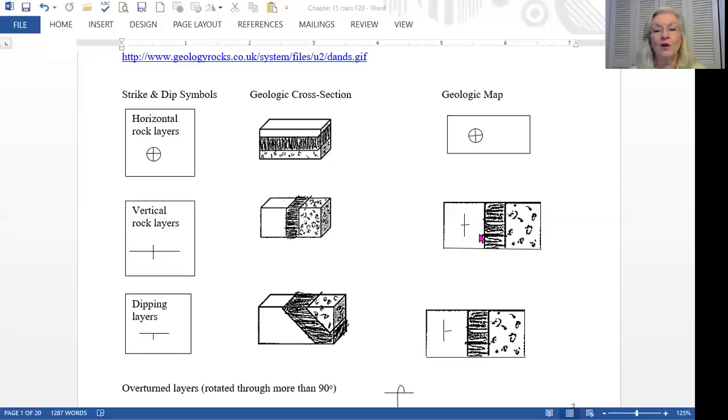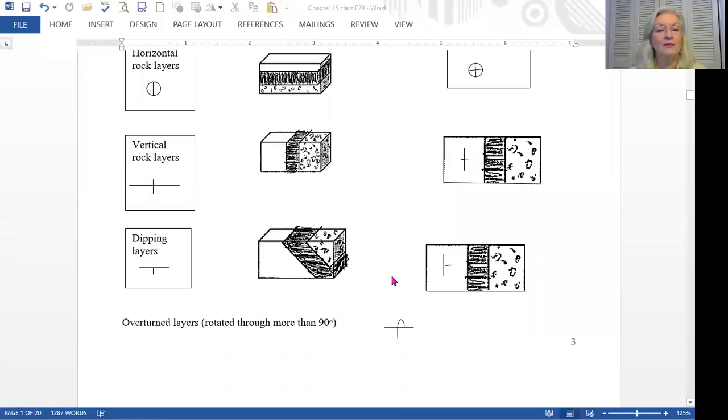The long line always goes parallel to the existing layers. And the short line, I like to describe it as telling you which way the water would run if that were the only rock layer there. So if we only had the white rock and it rained, water would go off both sides of it. And so the little cross piece, the direction of dip, points both ways.